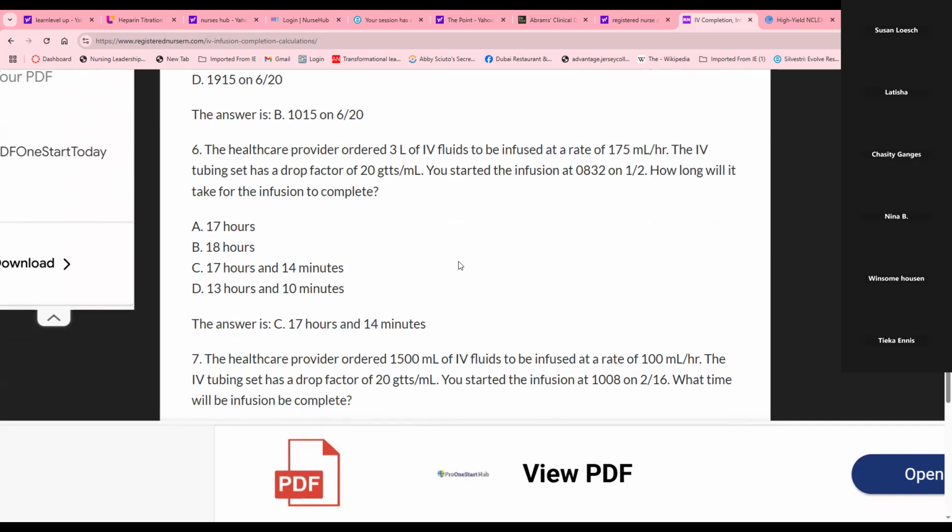But when you take the 3,000 and divide it by 175, you get 17.142857. I can almost guarantee she took off the 17 and multiplied the 0.142 by 60.